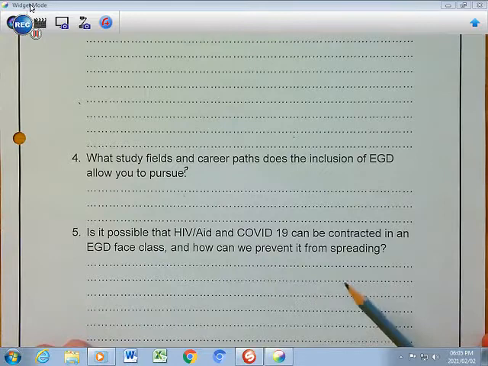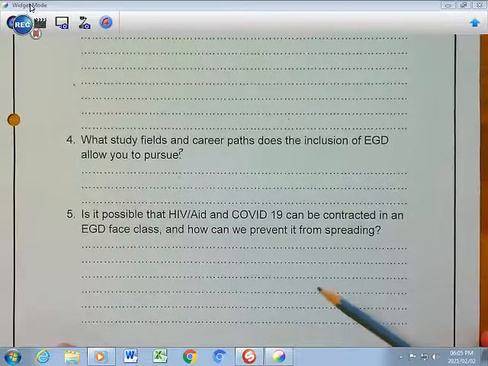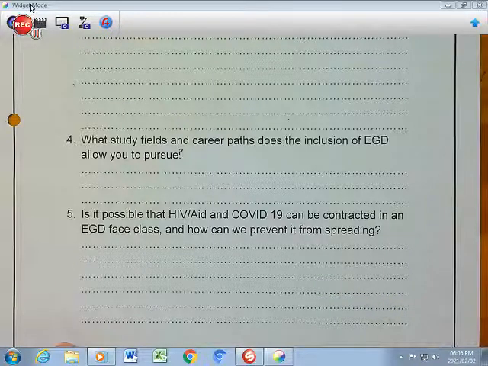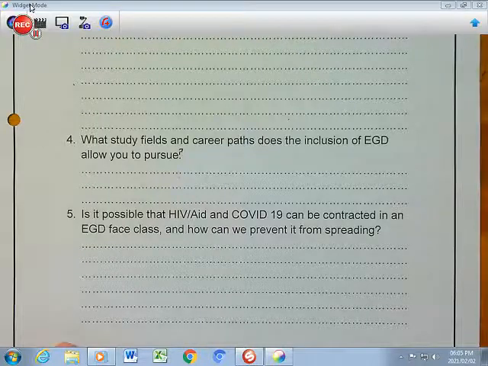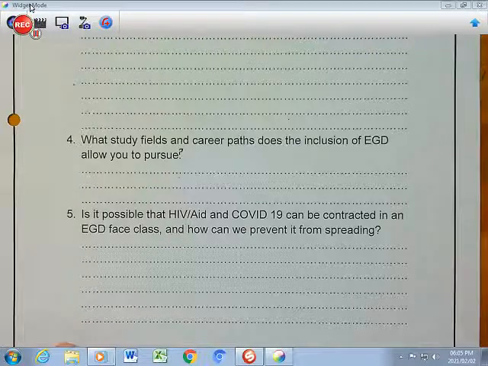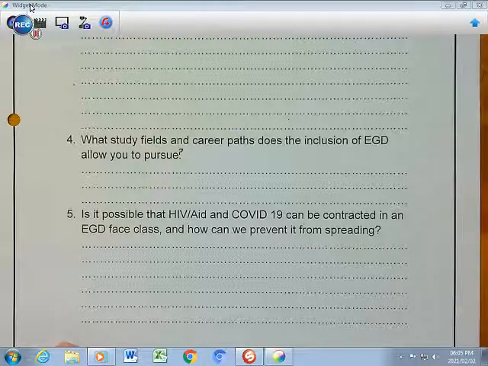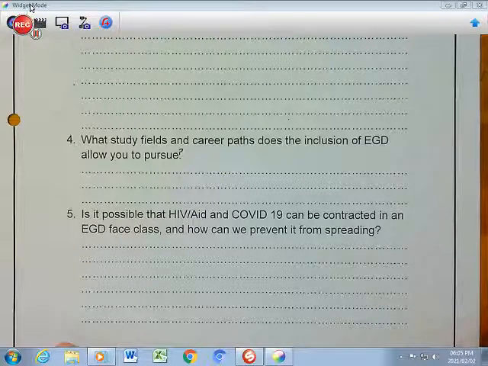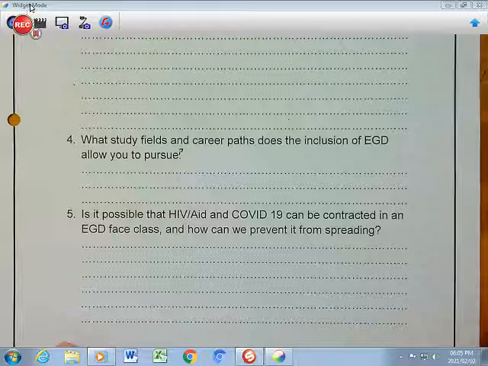And the last question, we have to look at it, looking at HIV/AIDS and COVID-19. Should this have been a face-to-face class and I was present in the class teaching it and you would be sitting in my class, and we would have had the scenario of COVID-19 or the HIV/AIDS pandemic, how is it possible that these two could have been contracted in an EGD face class?